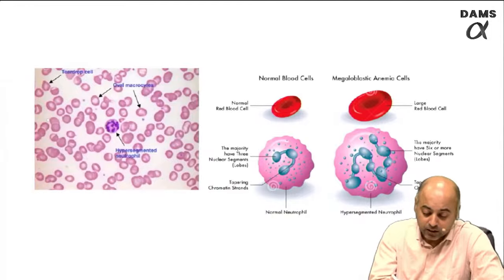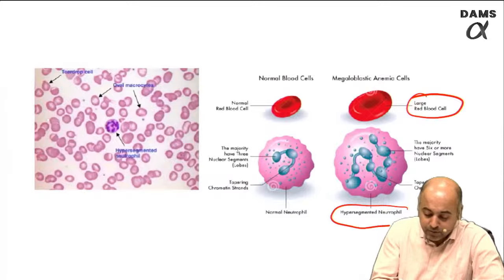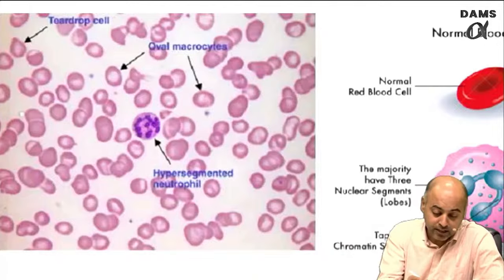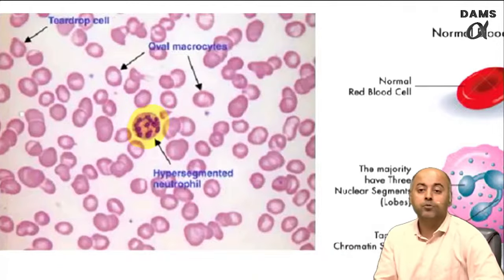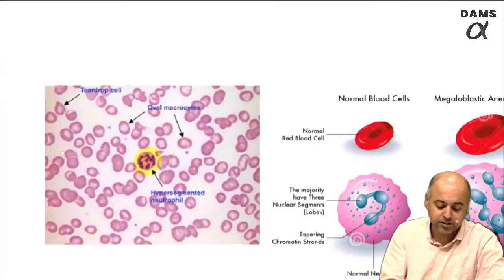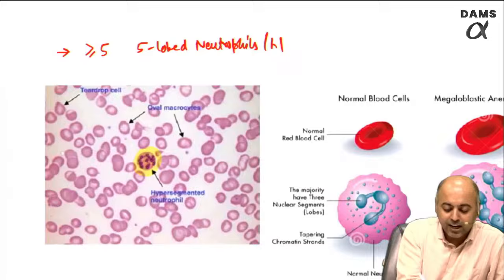This is how the megaloblastic anemia will be seen. The large red blood cell is there, and the hypersegmented neutrophil. In the microscopic image you can see the appearance like this. I'm sure you know that hypersegmented neutrophilia will be described when you have 5 or more 5-lobed neutrophils per high power field, or even one 6-lobed neutrophil per HPF.